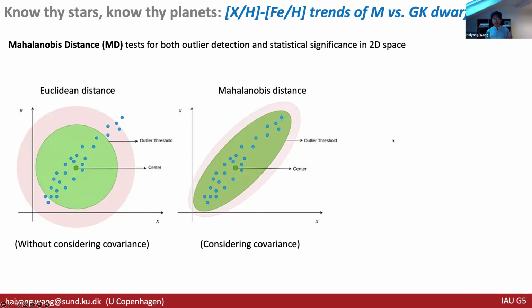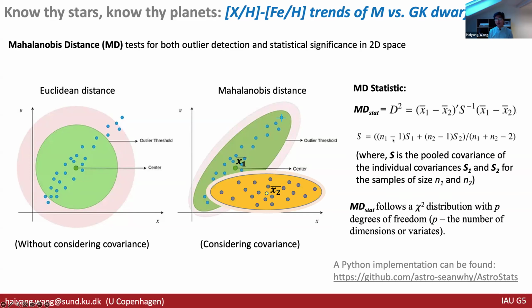Then we have a two-sample problem. Here we have two samples in two dimensions, and we can calculate the MD statistic based on the equation here, where S represents the pooled covariance.